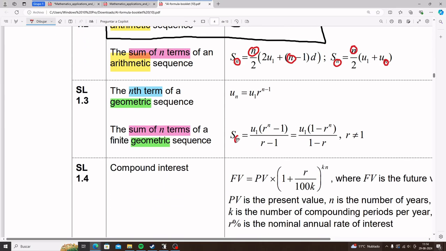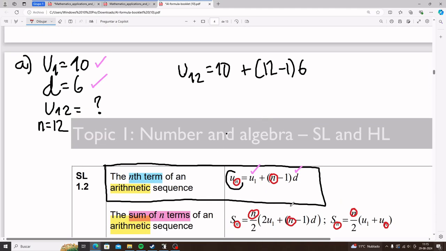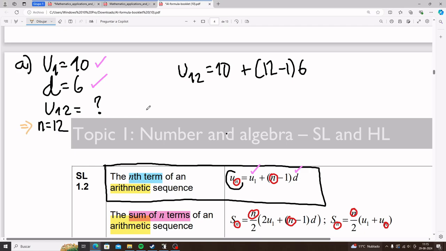It's very important that you're consistent with whatever your n is, it's gonna be your n all over the place. A lot of people get confused and leave un as un. No, you establish n. If you're looking for U12, immediately that should be telling you that your n will be 12 for the formula. So establish that, understand it, and you're gonna be good to go.